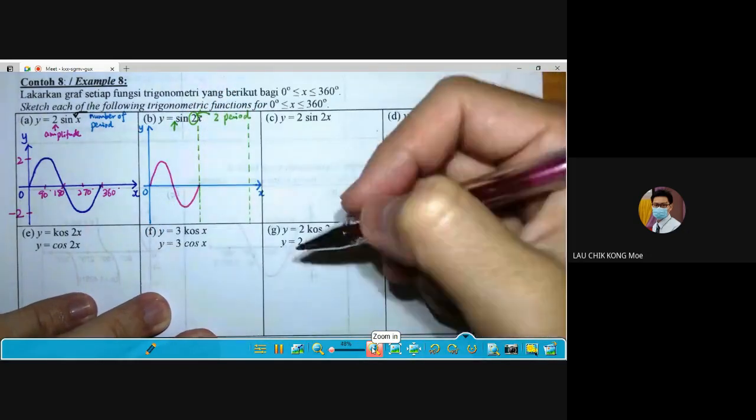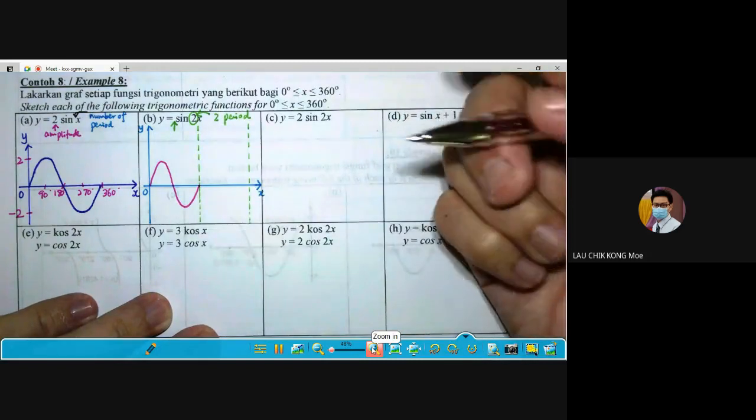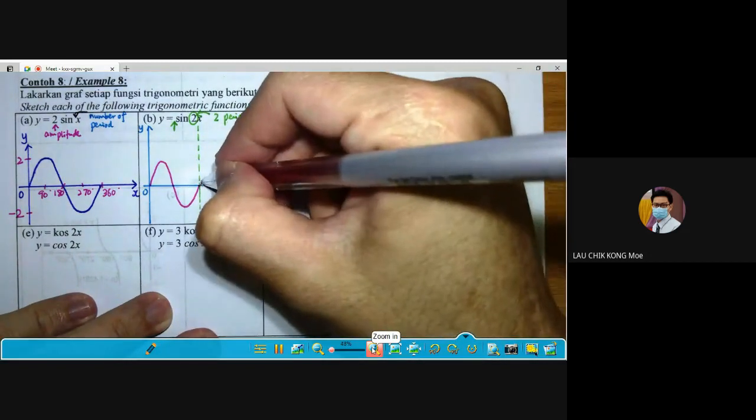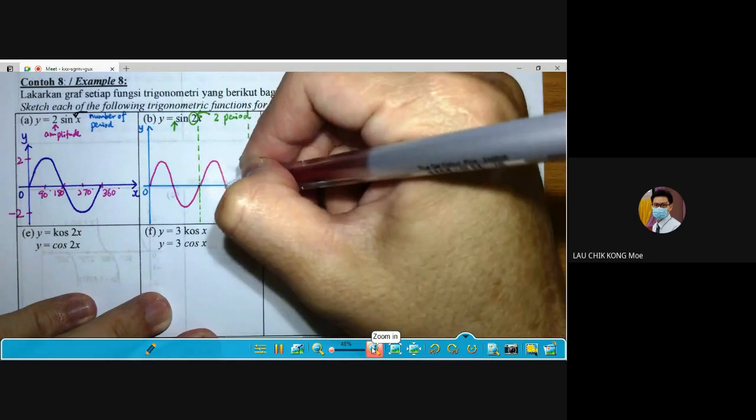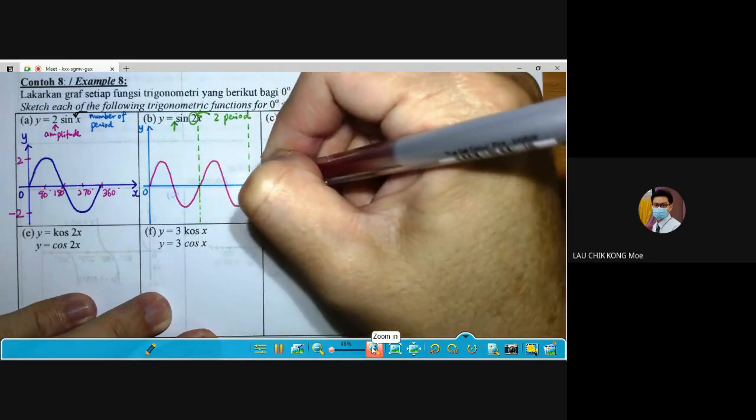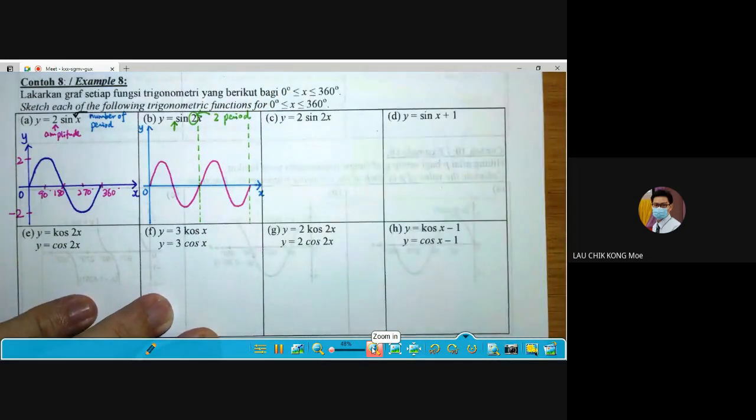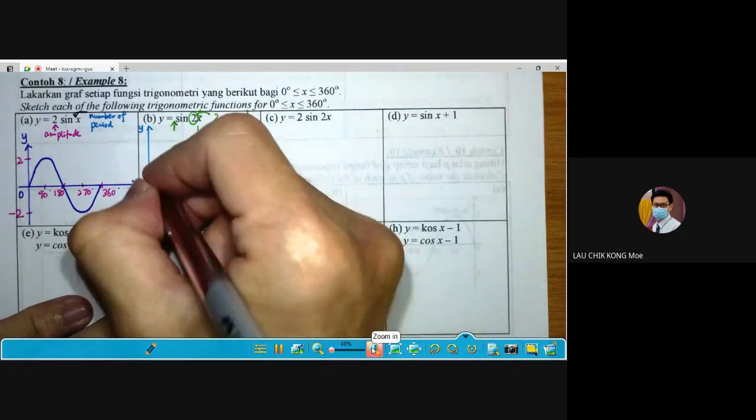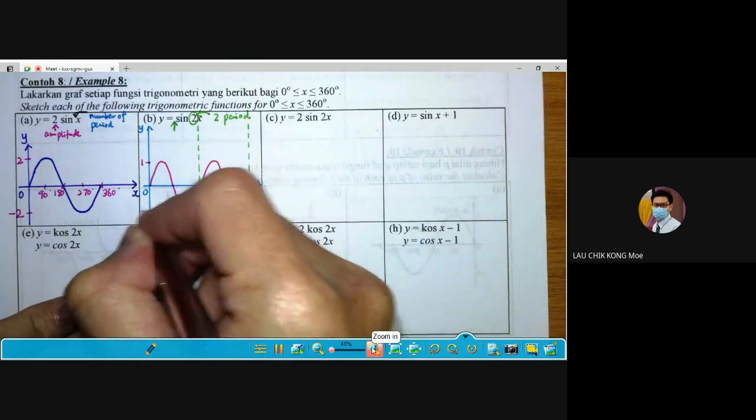This is 1 period, but we want 2 periods, so continue. This is 2 periods, 2 complete oscillations. So this is 1 and the minimum -1.